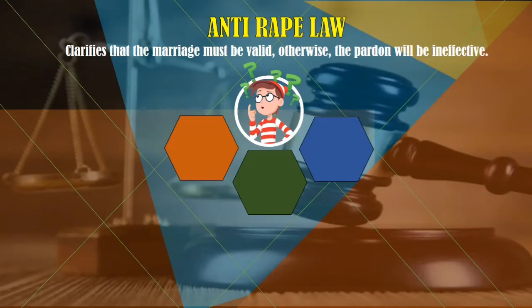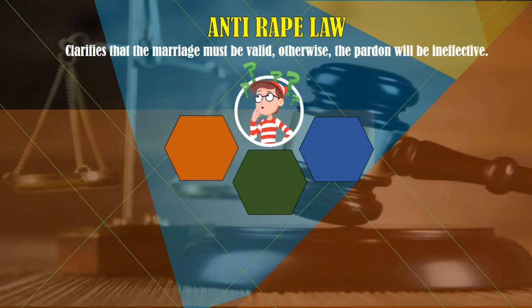Now, class, in addition, the anti-rape law clarifies that the marriage must be valid, otherwise, pardon will be ineffective. Thus, if the requirements under the Family Code, for example, the legal capacity of the woman, is lacking, the marriage will be null and void and the pardon will be ineffective.